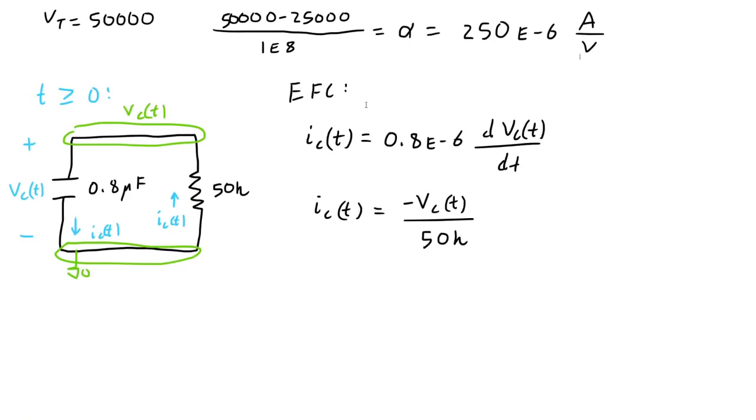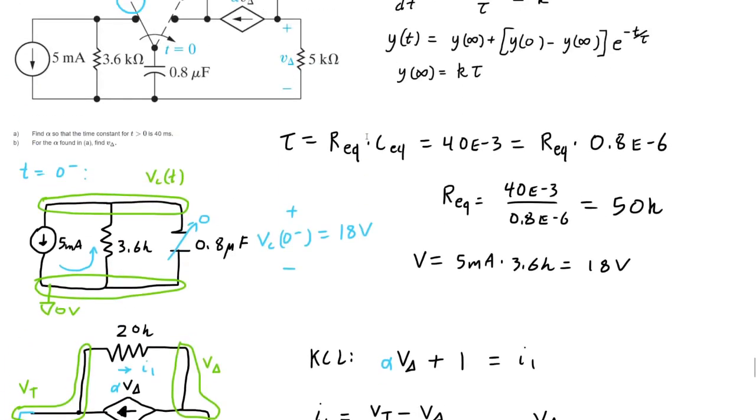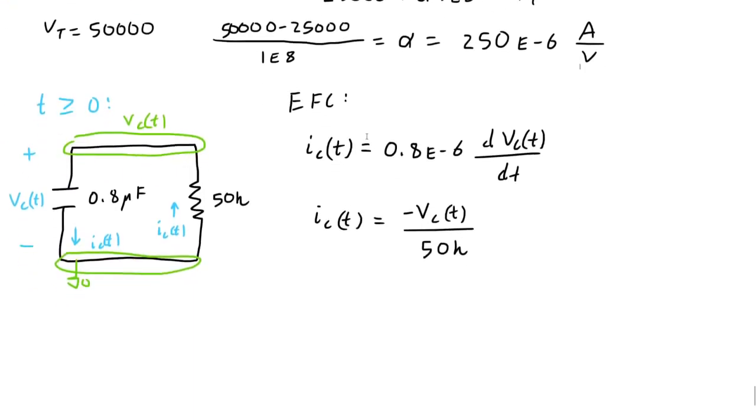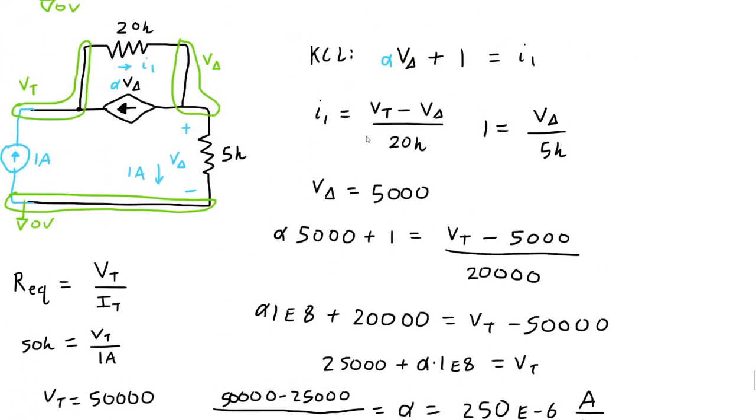Okay, so now we have to find V delta. So did I mess up? No, okay. Sorry. So V delta is going to be proportional to the current flowing through it. So if we can find ICT, once again, if you go back to the circuit, then we'll be able to find out what V delta is using Ohm's law.